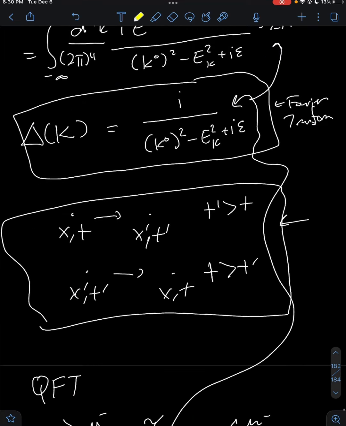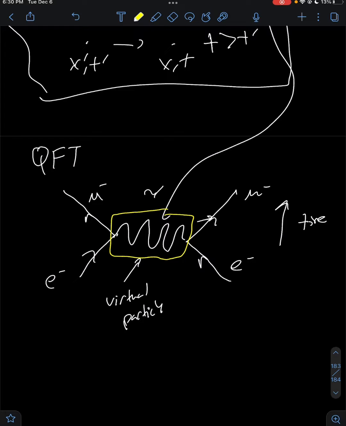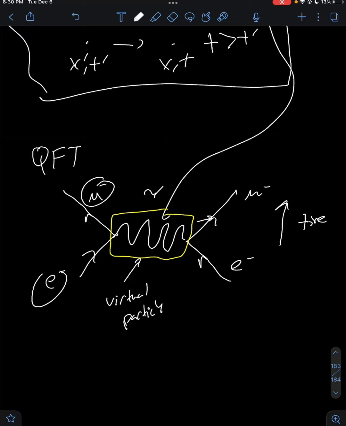Now, some people give a little bit too much meaning to these Feynman diagrams, and they start thinking that these diagrams represent an actual physical process occurring. They'll think that the electrons exchange the virtual photon.